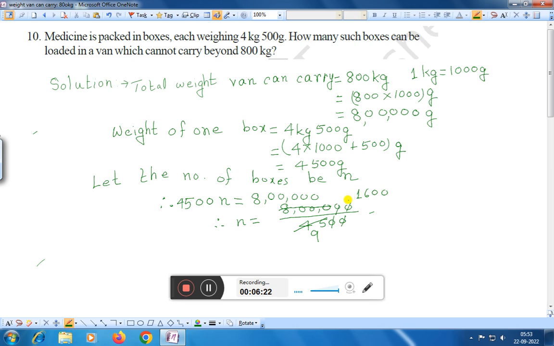Can we divide this again? Yes. Now we will divide 1600 by 9.